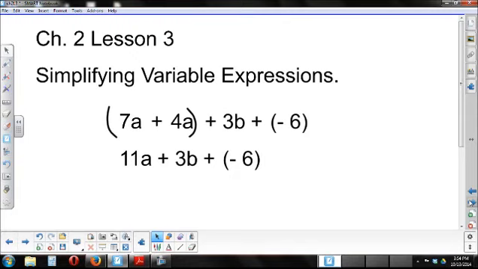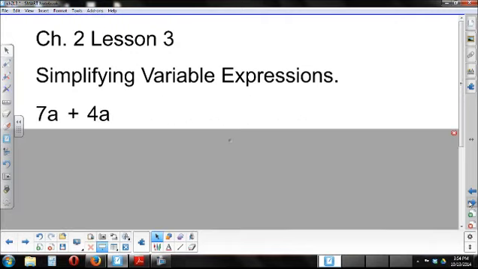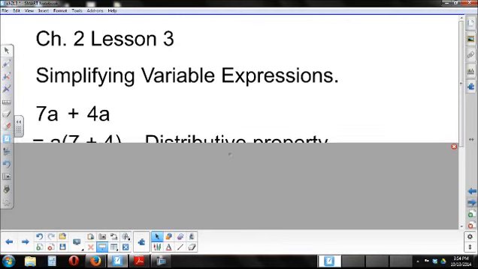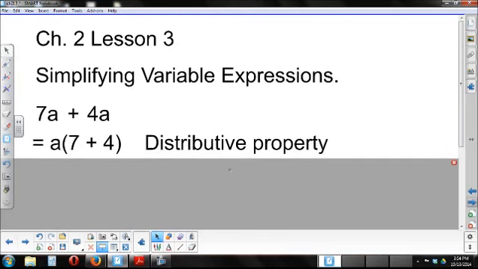So why does 7a plus 4a equal 11a? Well, I'm going to show you a couple of different ways you can do this, and then the last one will be the easiest, I promise. First, looking at 7a plus 4a, we're going to use the distributive property to show that 7a plus 4a is really a times the quantity of 7 plus 4.